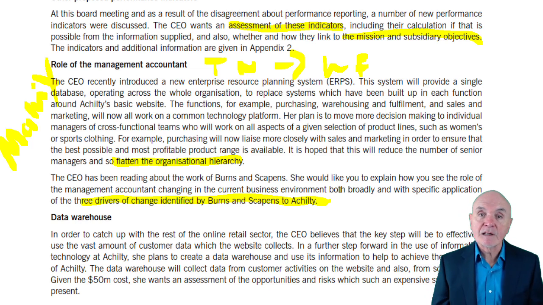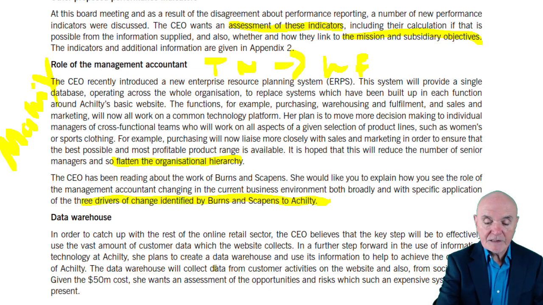So every time you go to the website, it can track what pages you went to. It obviously knows what you've bought and so on. Vast amounts of information available there. In a further step forward in the use of information technology, she intends to create this data warehouse and use information to help achieve the objectives.